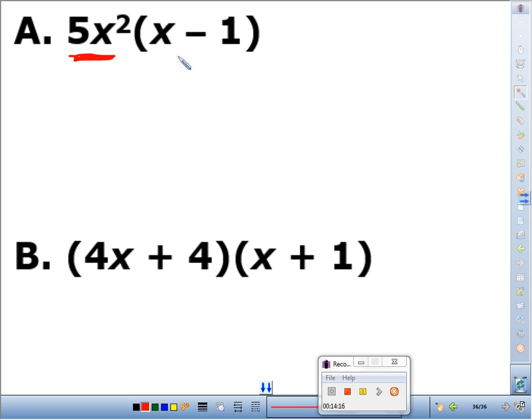Is there a number that divides both terms other than 1? No. Does each term have a variable? No. It's a difference, so let me try the pattern. Can I try the pattern for difference of squares? No, because it doesn't have an even number exponent. Therefore, if there's none of those, then I'm done, and you write completely.